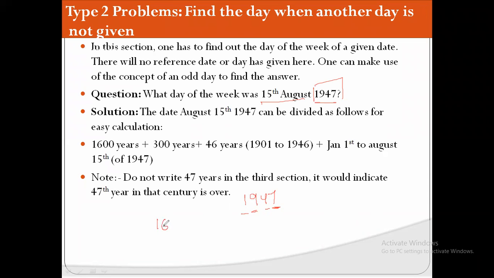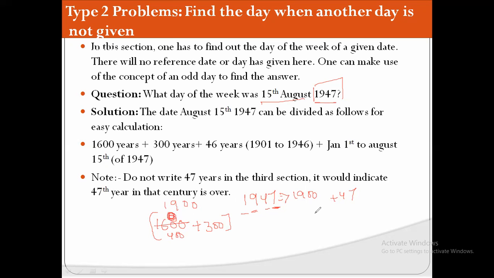If we make it as multiplication, 1600 years plus 300 years, it's totally 1900. So we can write 1900 plus 47. Why have I separated 1600? Because it is completely divisible by 400, so we can take its odd days as 0.